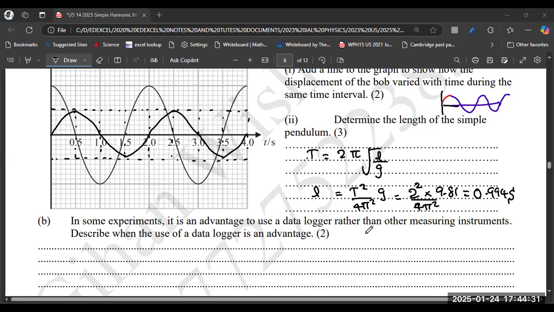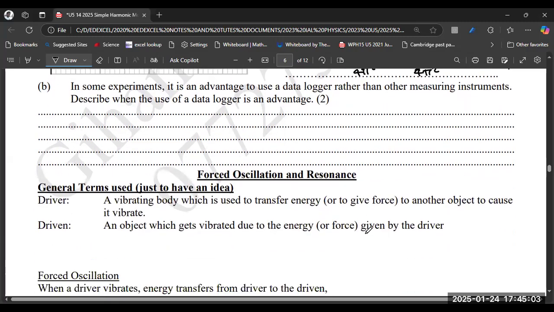Number two, when multiple data have to be collected simultaneously, they can be obtained without human reaction time. Or you can even say, when the data needs to be collected over a long time interval, a data logger can be used. Right.